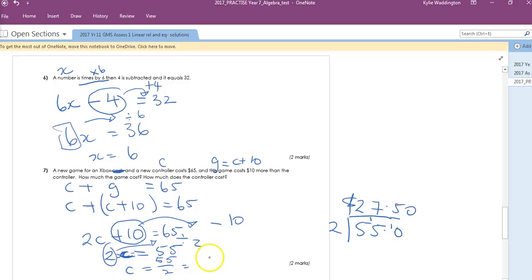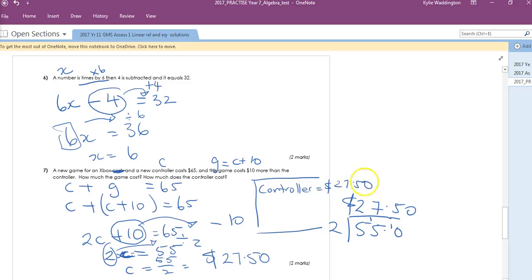So the controller is $27.50. The game, so our final answer has to be controller equals $27.50. Game is $10 more than that, so it's going to be $37.50.